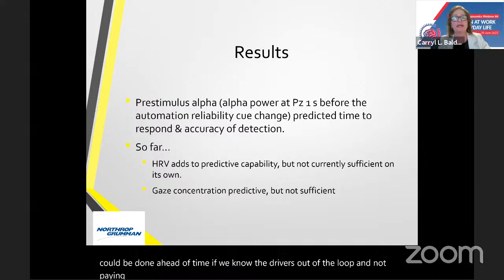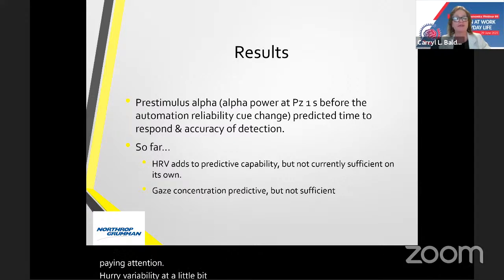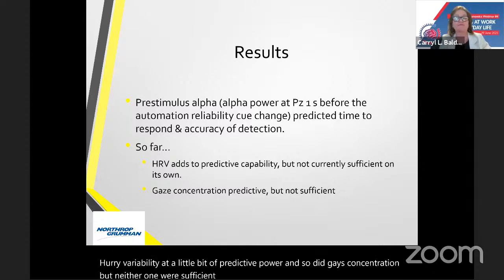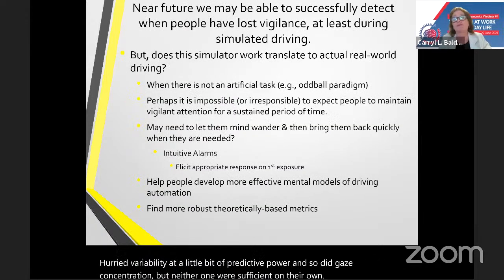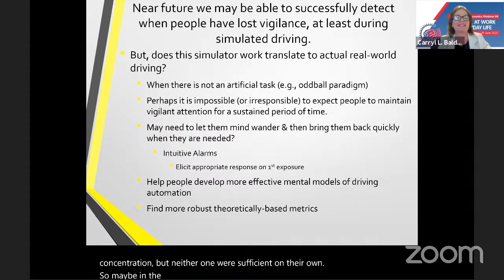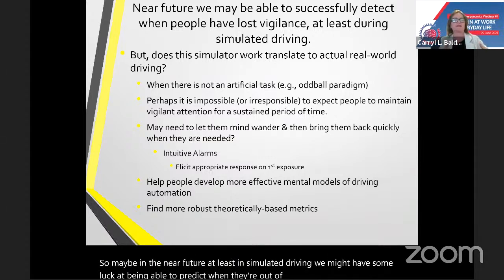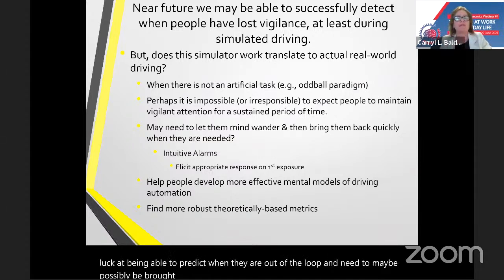Heart rate variability had a little bit of predictive power, and so did gaze concentration, but neither one was sufficient on its own. So maybe in the near future, at least in simulated driving, we might have some luck at being able to predict when they're out of the loop and need to possibly be brought back in.